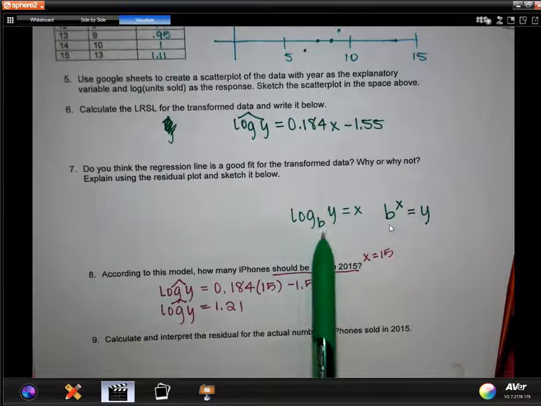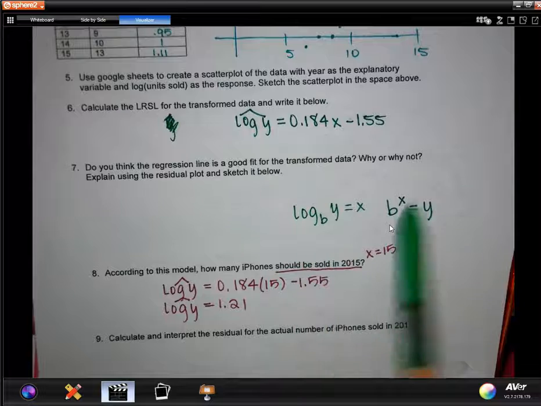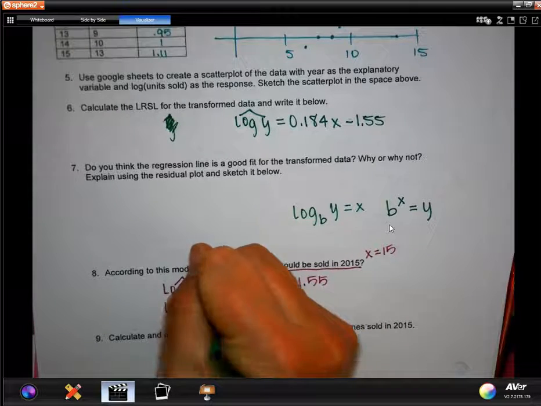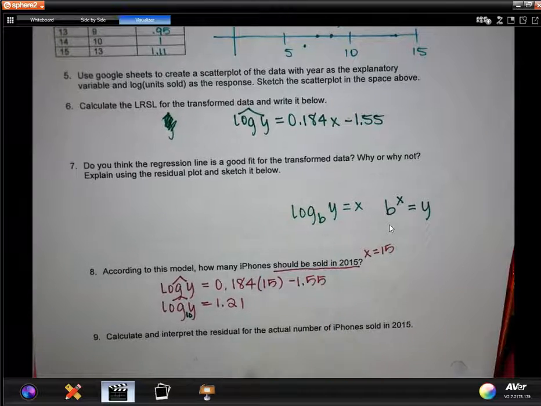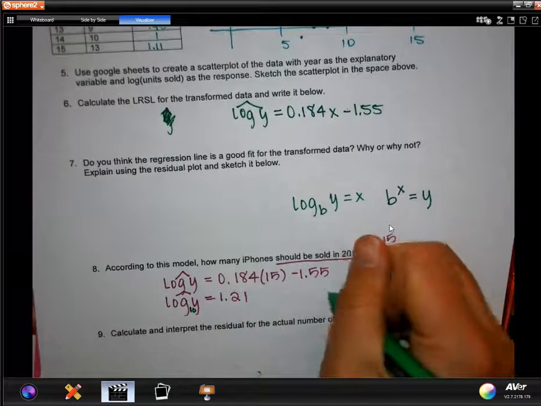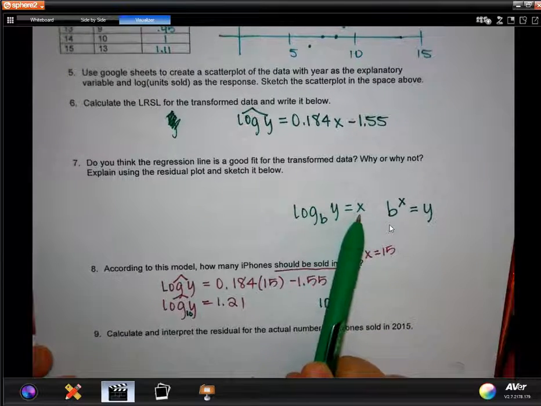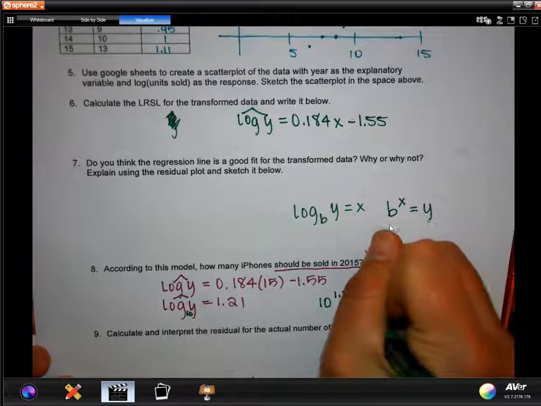So notice that b, x, and y all show up in my logarithm. So all I'm doing is rearranging them. Because I chose base 10 when we transformed, this is in base 10. So I'm going to take my base, which is 10. It gets raised to my answer. X is now my exponent, so I'm going to raise it to the 1.12, not 1.21.